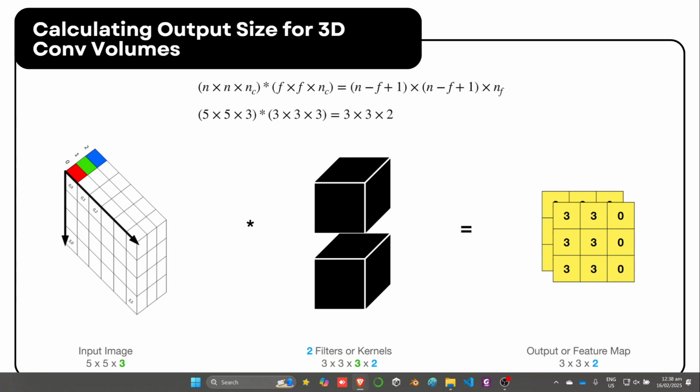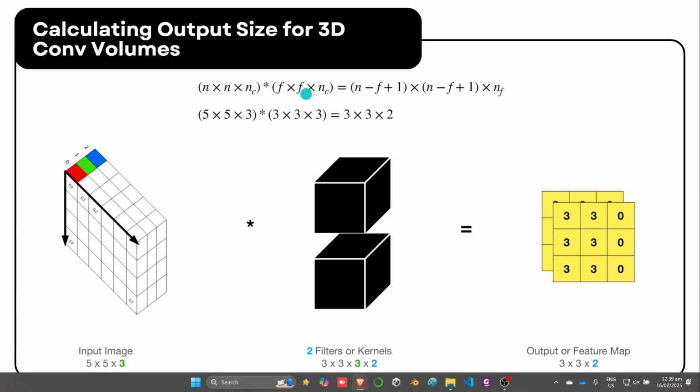So this is how you actually calculated the feature map volume here. You can see n by n by nc, which is the depth. So it's 5 by 5 by 3. This one here is f by f by nc.